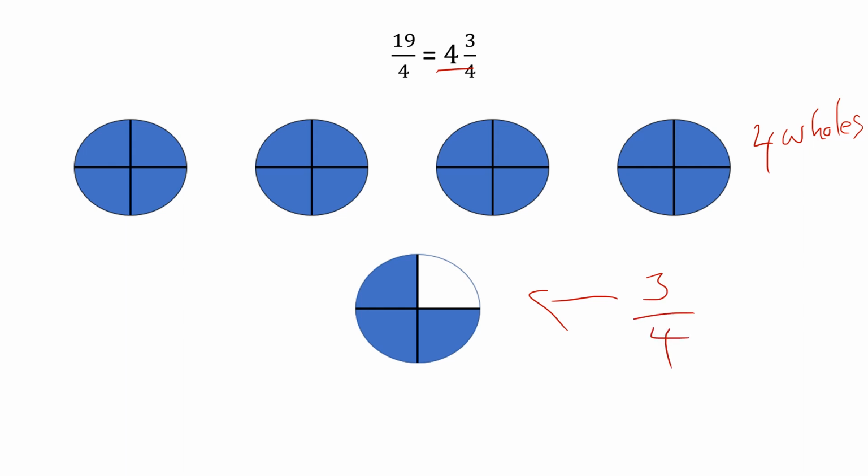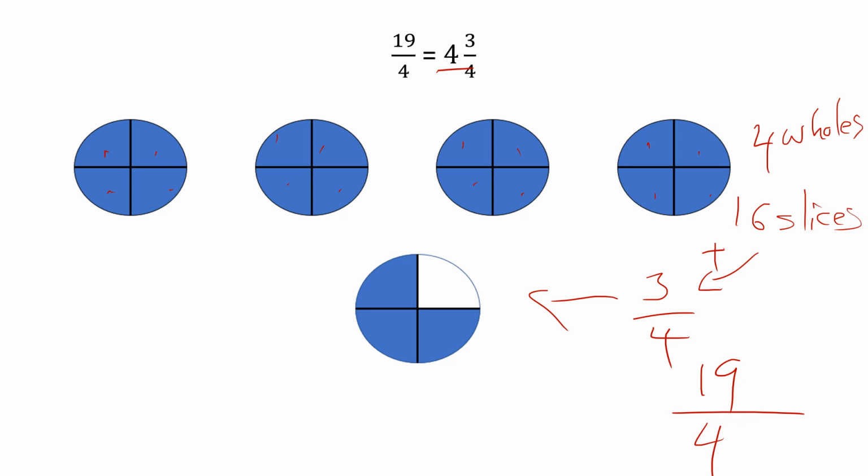But if you count these 4 whole pizzas right here, how many quarters total do you have in 4 pizzas, or how many slices, if you will? Well, you have 16 slices total. And then if you add in that extra 3, minus the slice that Jerry's eating in the corner, you have 19 total slices that are all fourths of the pizza.